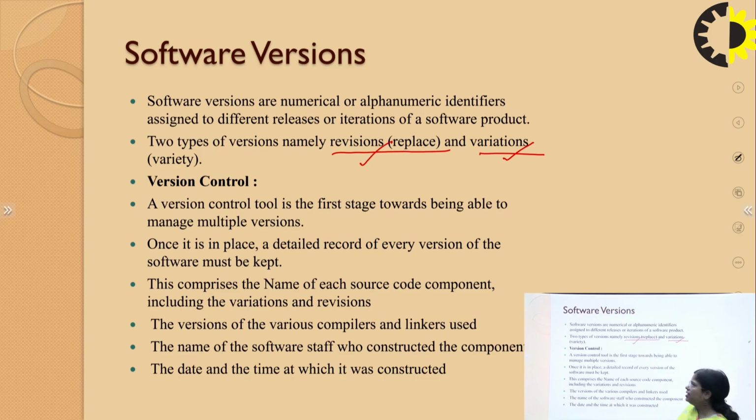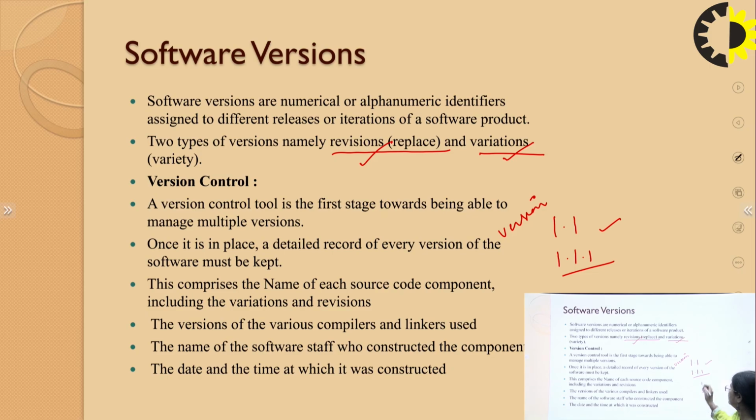For example, suppose the current version of the software is 1.1. If we apply minute changes, the next version is 1.1.1, so this is a revision.